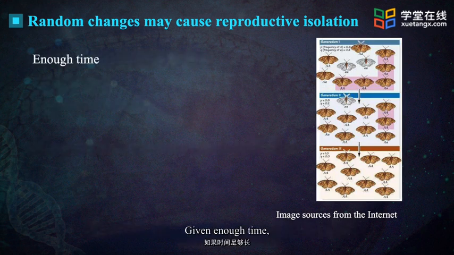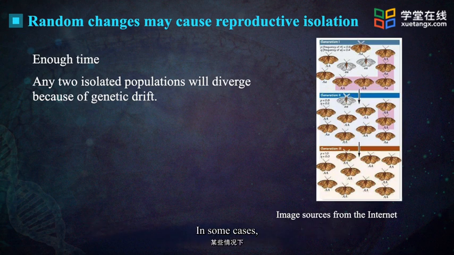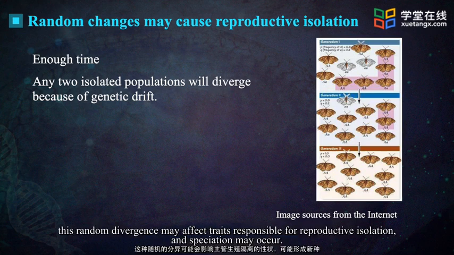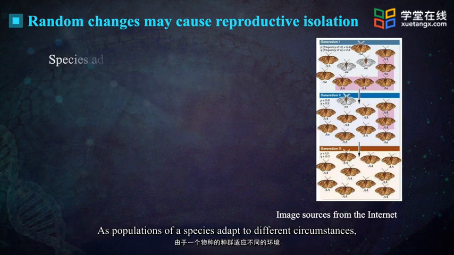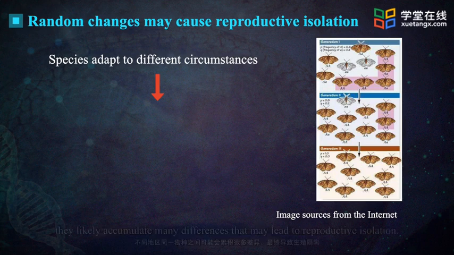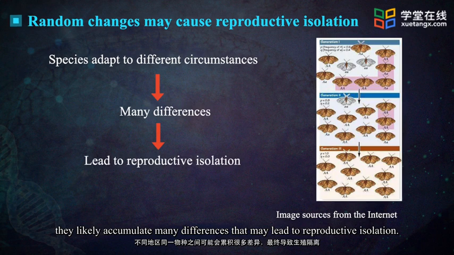Given enough time, any two isolated populations will diverge because of genetic drift. In some cases, this random divergence may affect traits responsible for reproductive isolation, and speciation may occur. As populations of a species adapt to different circumstances, they likely accumulate many differences that may lead to reproductive isolation.